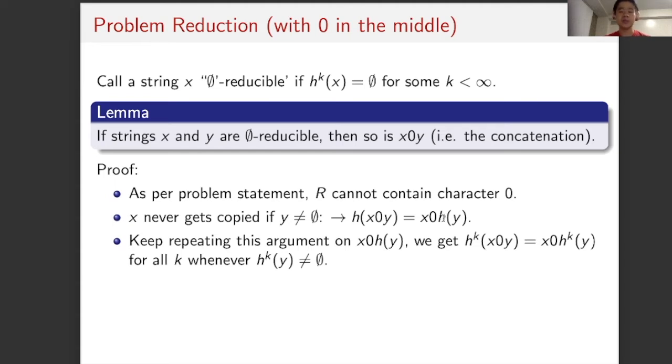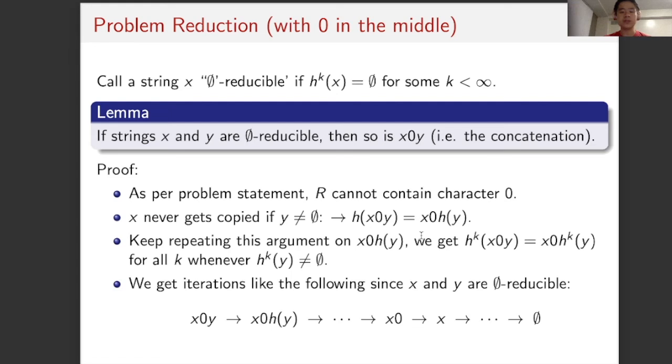Because we already assumed that y will vanish after some time of applying this, the whole iteration goes with x0 y and then x0 hy and so on until this y is gone, and then you are left with x0.